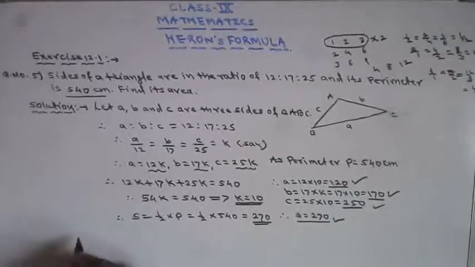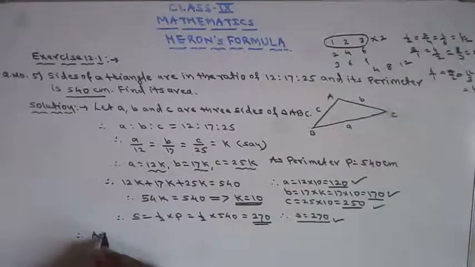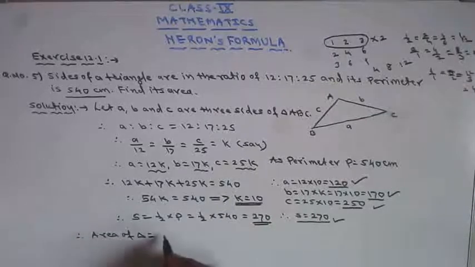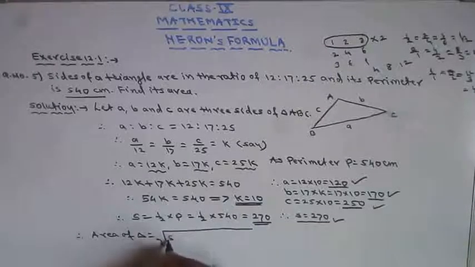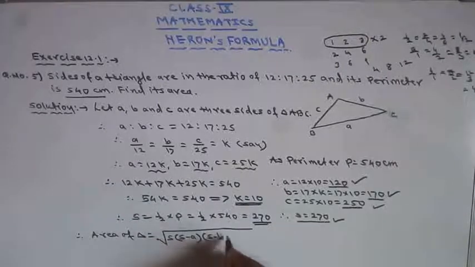Therefore area of triangle, using Heron's formula. First you have to write the formula. What is the formula? Square root of S into (S minus a) into (S minus b) into (S minus c).